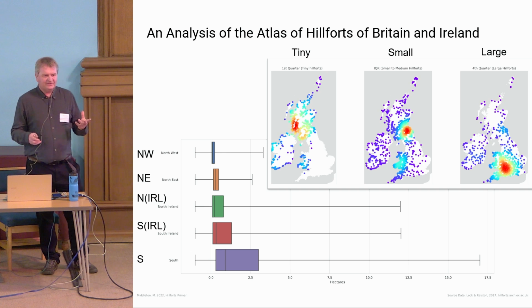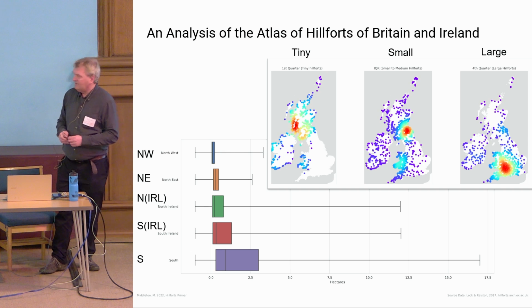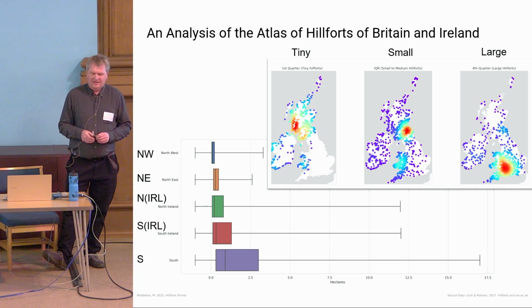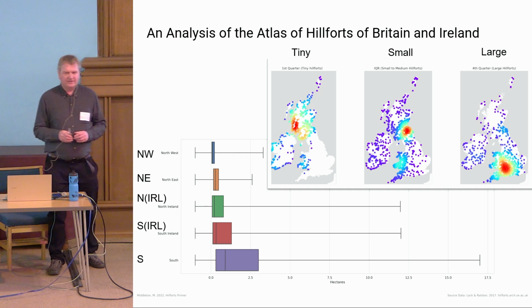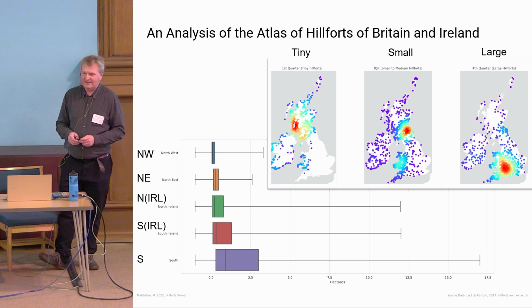And Hillfort area is interesting because it's one of those that's been used for a long time in terms of classifying Hillforts. In 1962, the Ordnance Survey published their map of the Iron Age of southern Britain, and at that point they created a tripartite classification system based on area.